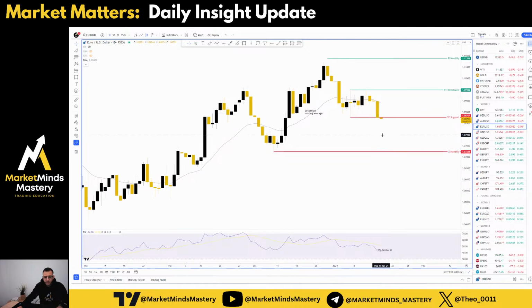So the euro is fairly strong, okay, guys. The euro strength might be what we will focus on for the rest of the days this week. But because the euro is strong and the US dollar is also strong, there is no directional move yet.